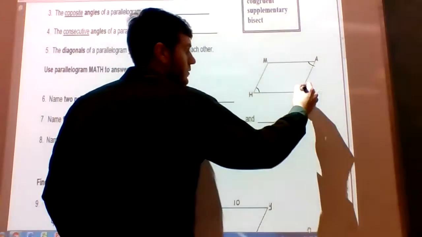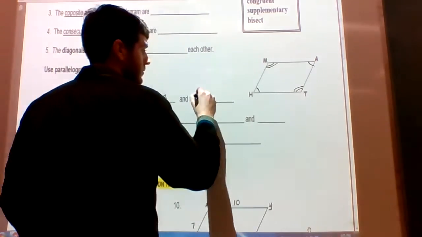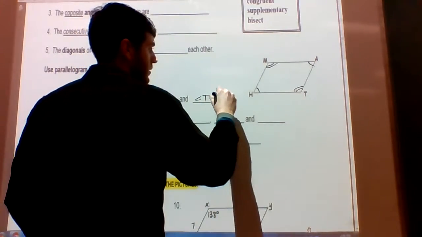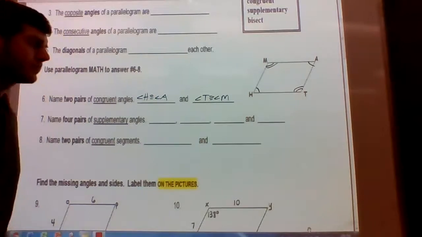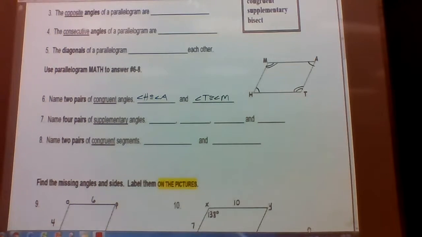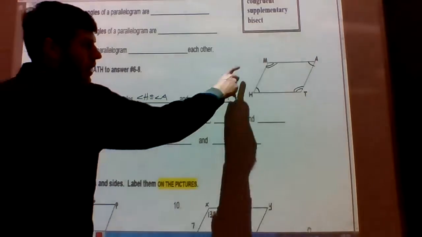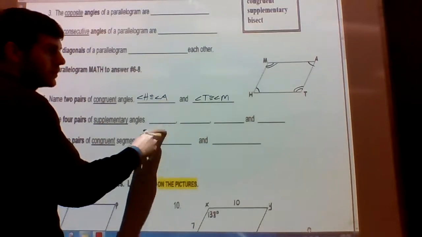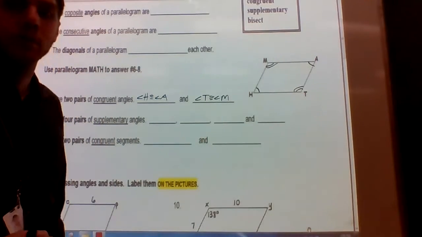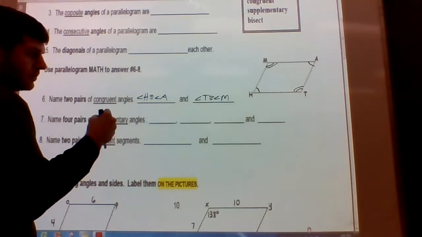Then we also know angle T is going to be congruent to angle M, because they are opposite angles. Opposite angles are congruent. Okay, name four pairs of supplementary angles. So we know angle M and angle A are consecutive angles, and we know consecutive angles in a parallelogram are going to be supplementary.